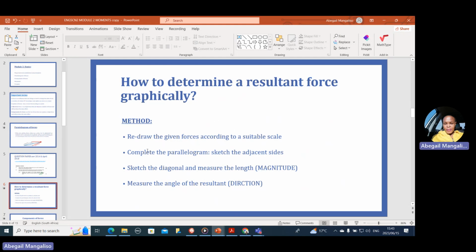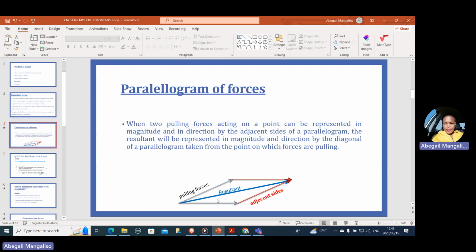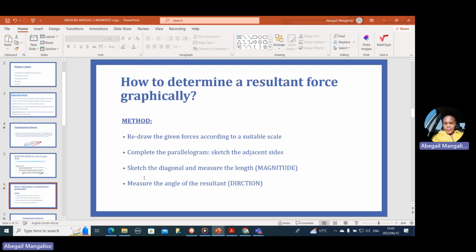Step number one, you sketch the given pulling forces. Step number two, you complete the parallelogram by sketching the adjacent sides. Step number three, you sketch the diagonal and measure the length.